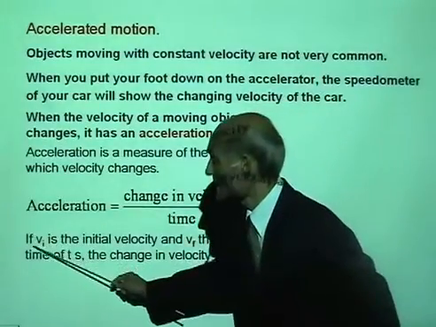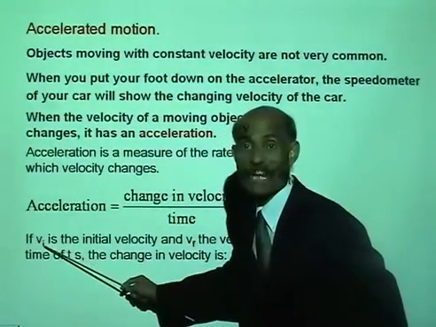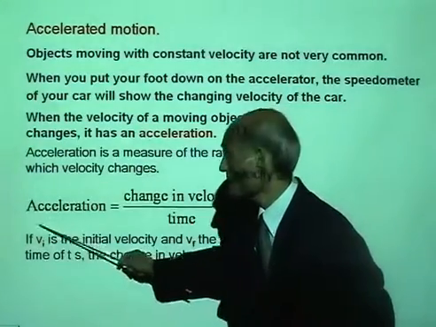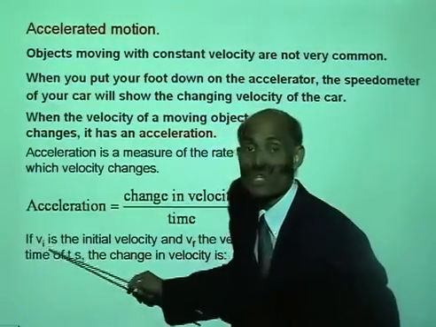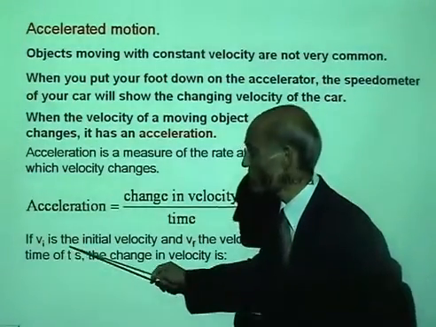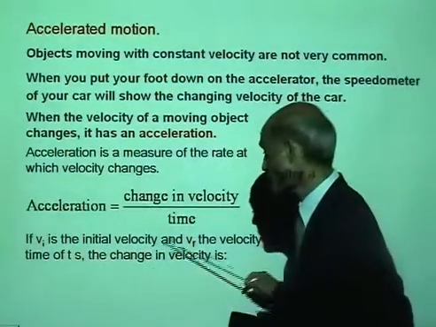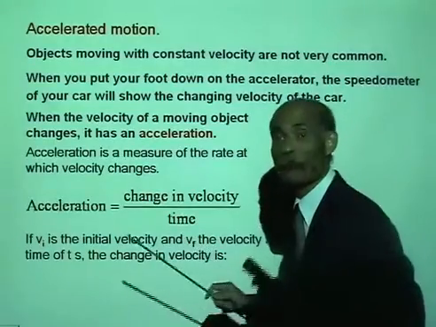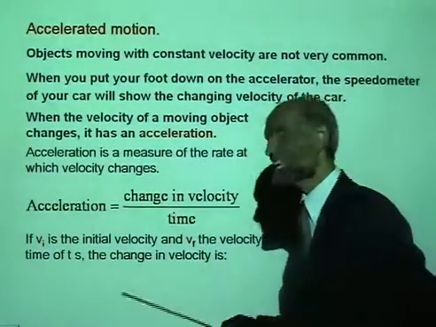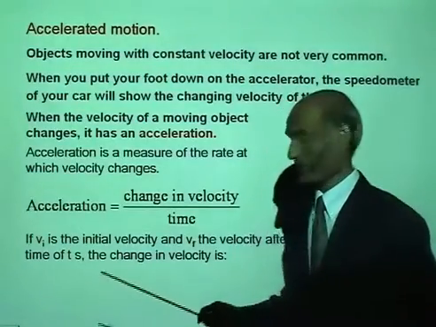Let us say the velocity in the beginning, when you start looking at an object, is Vi, initial velocity. And after a certain amount of time, t seconds, the velocity became Vf, final velocity. Tell me, what is the change in velocity?